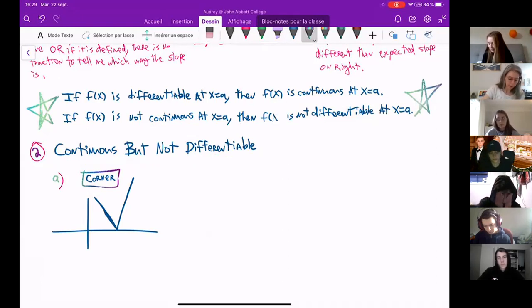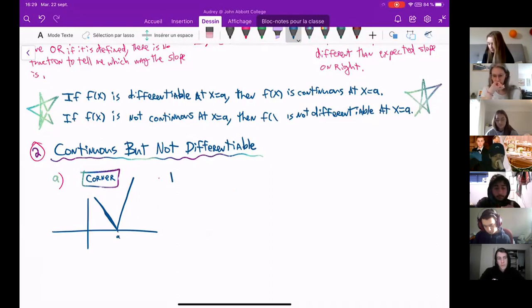So when you look at this function right here, is this continuous at x equals a? Yes. Do I have to pick up my pen to draw it? Don't. It's continuous. So this is continuous at x equals a.